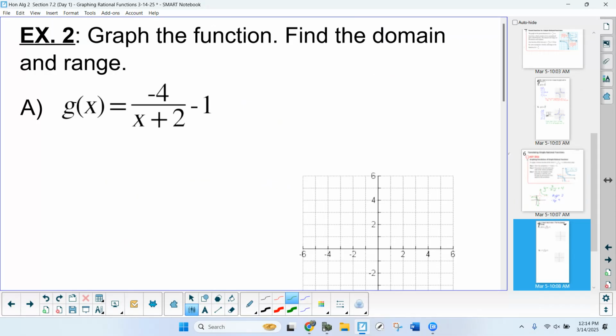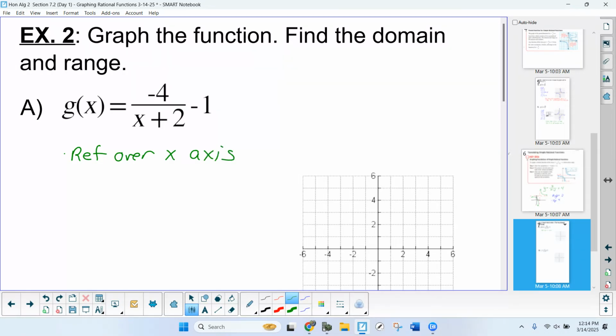Graph the function, find the domain and range. Talk to me. What is the negative going to make it do? Which axis is it going to reflect over? The x-axis.